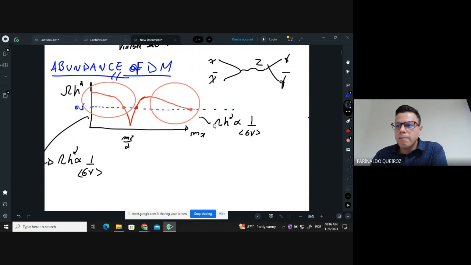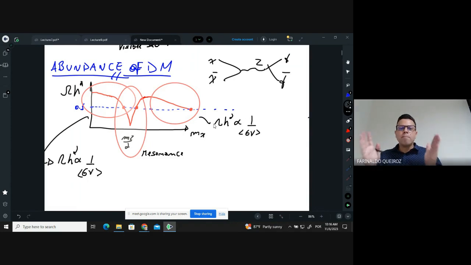And the one in the middle, this one, has to do with the resonance. And the shape of the peak has everything to do with the shape of the decay width of the Z boson. So the larger the width of the Z boson, the fatter will be the resonance.